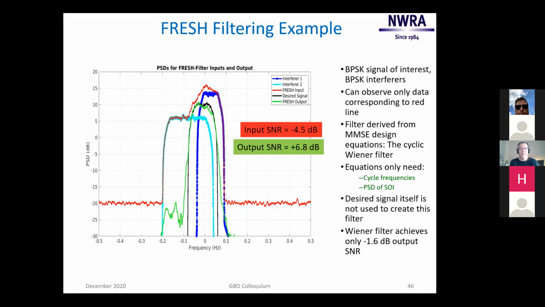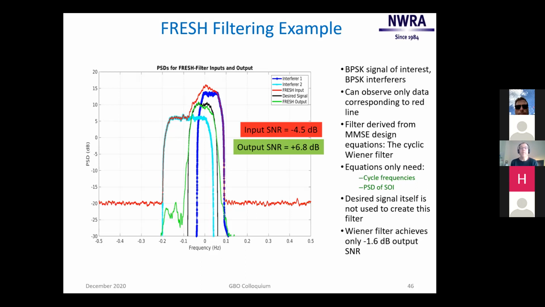And so what I can observe is the red line. And what I want to get out of the processing is back to the black line, right? I want to get just the desired signal and cancel out the other ones. And you can see if I just try to notch them out, try to suppress them with a linear time invariant filter, I would just push down the black line too. So I can't do that.